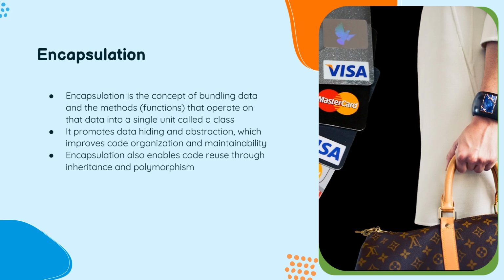So why is encapsulation required? More or less, we need to protect the data, which is called data hiding. Once the data is hidden in the methods, the object only calls the methods and the data is called indirectly, and this improves data protection. So it promotes data hiding and abstraction, which improves code organization and maintainability.